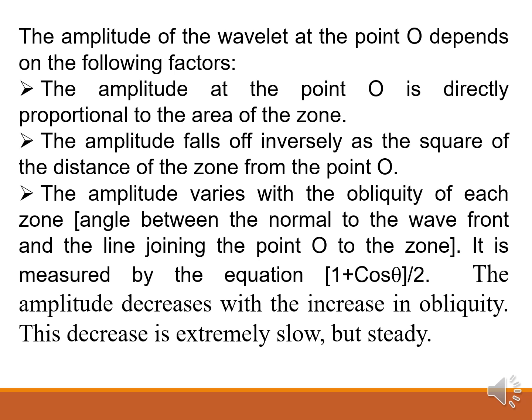The amplitude falls off inversely as the square of the distance of the zone from the point O. There is an inverse relation with the distance of the zone from the point O. Third, the amplitude varies with the obliquity of each zone, that means the angle between the normal to the wavefront and the line joining the point O to the zone. It is measured by the expression (1 + cos theta)/2. The amplitude decreases with increase in obliquity. This decrease is extremely slow but is steady.